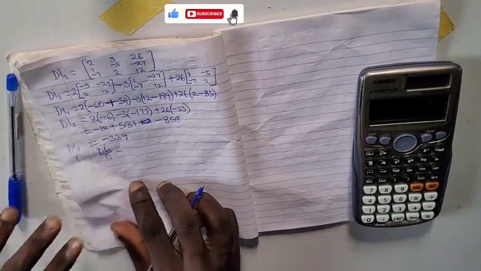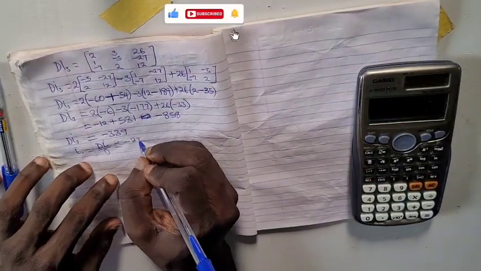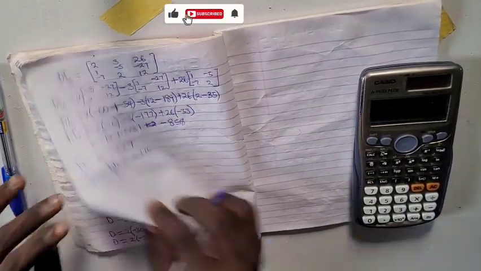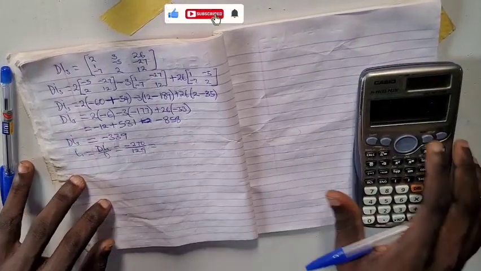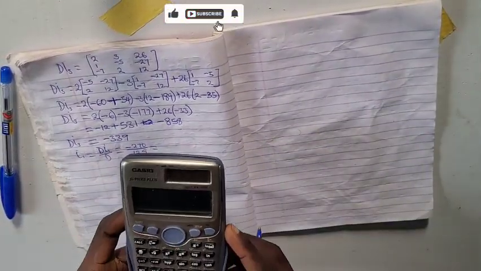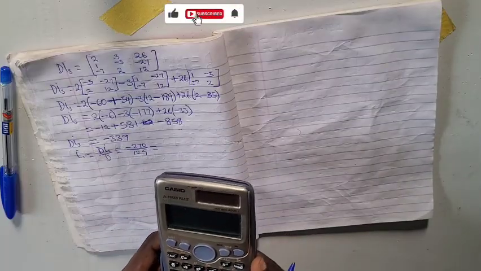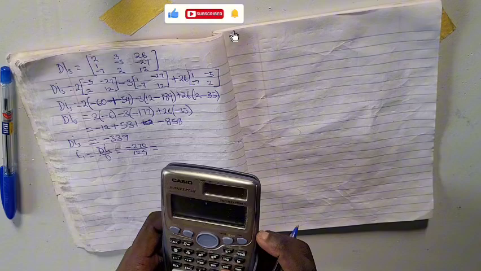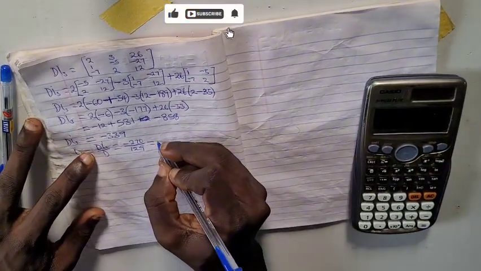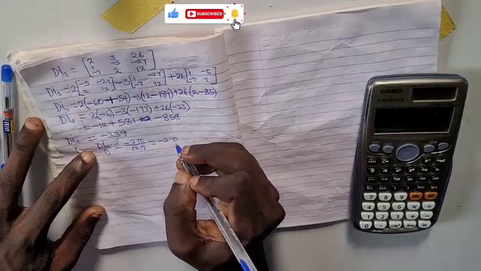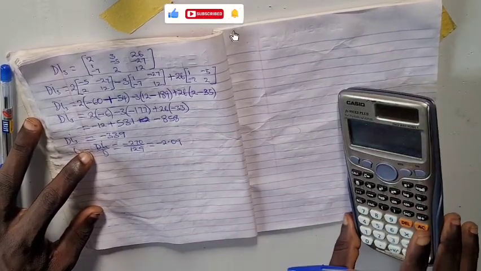So that will give us determinant of I1, which is minus 270 over 129. That gives us minus 270 divided by 129. So this gives us minus 2.093.